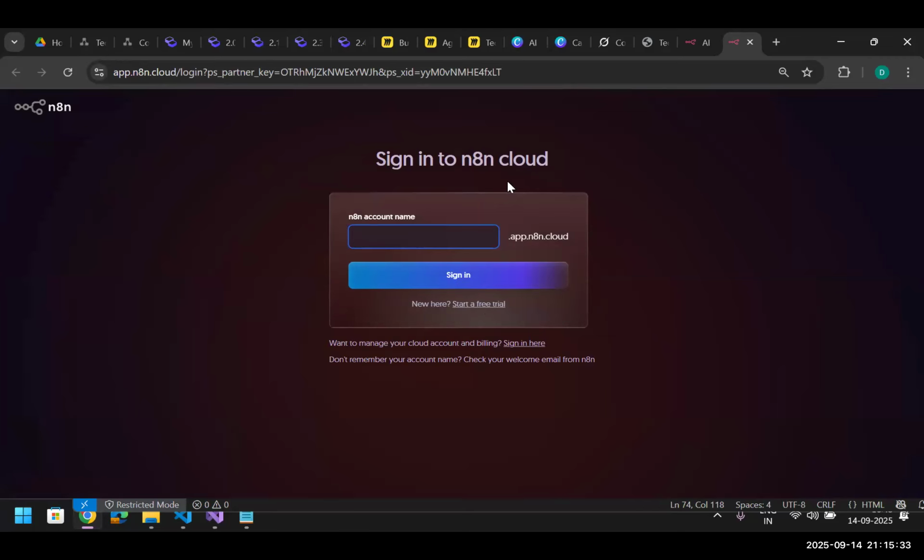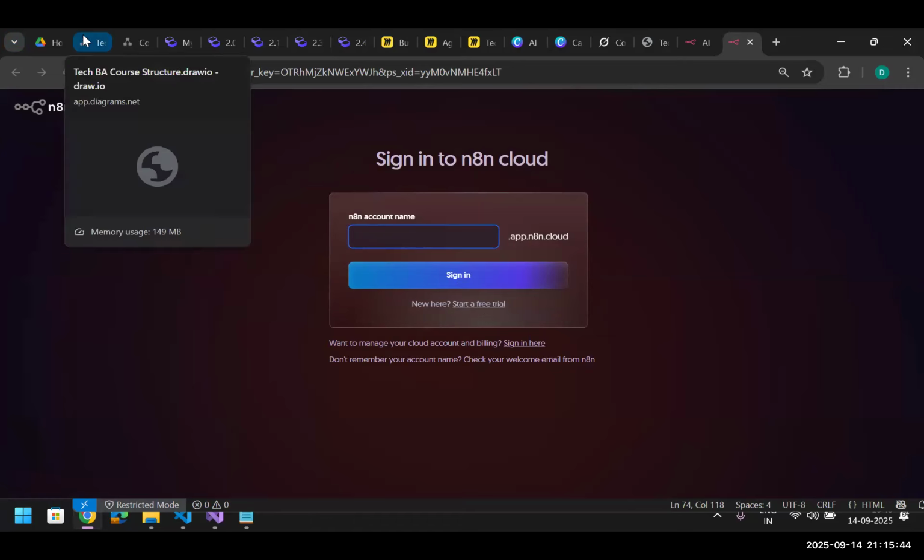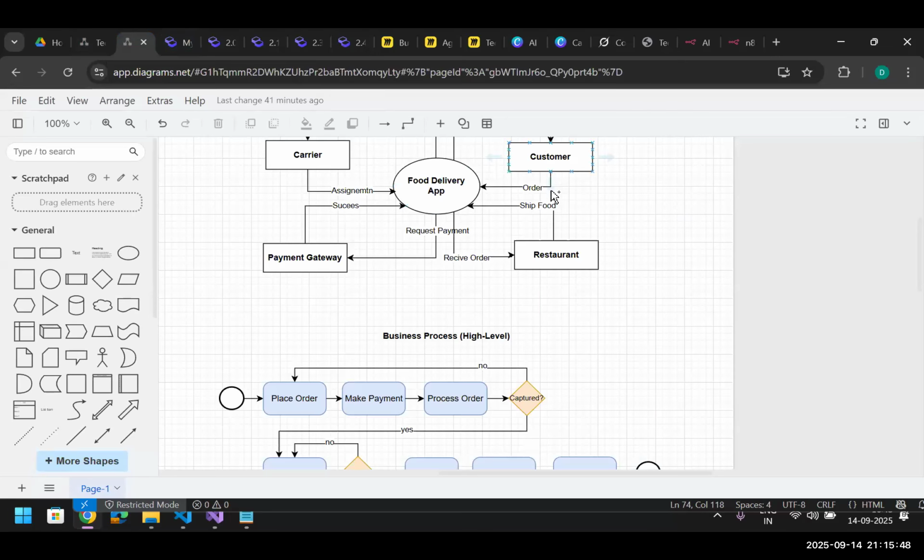Why is this going to be used, what is the purpose? N8N is an automation no-code, low-code tool. Let's say we are talking about a business flow: when the customer orders, it should go to the payment gateway, and it should ship.